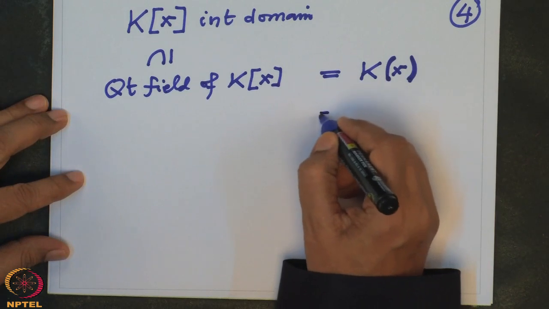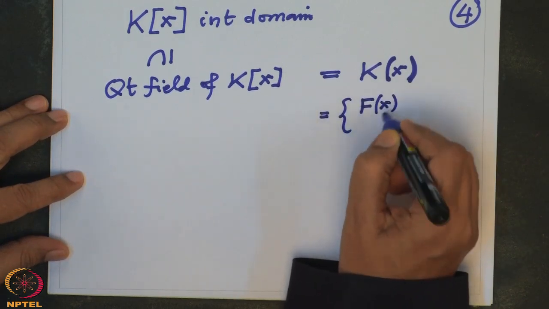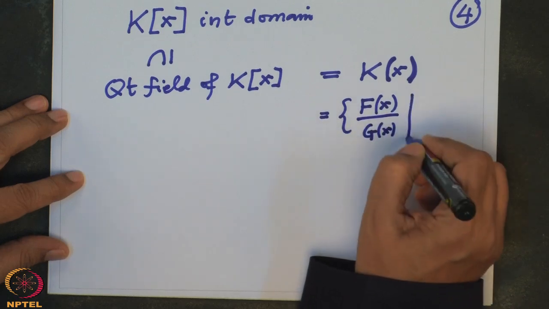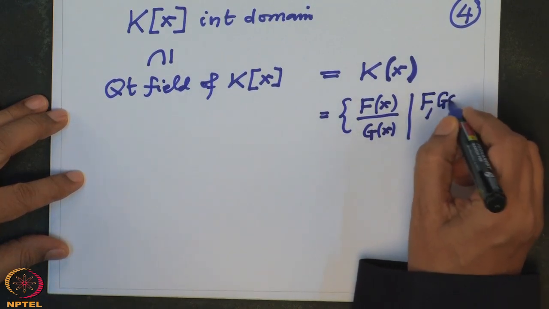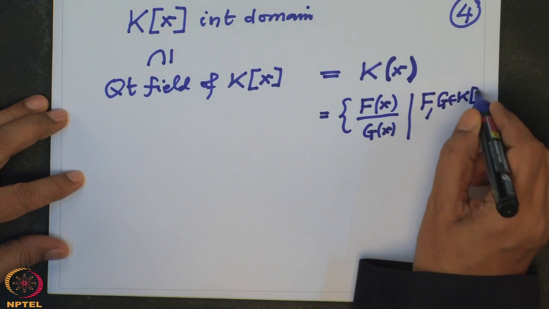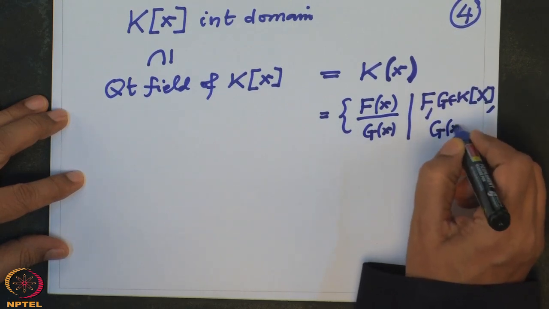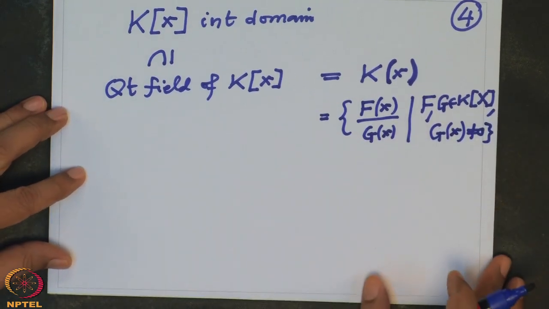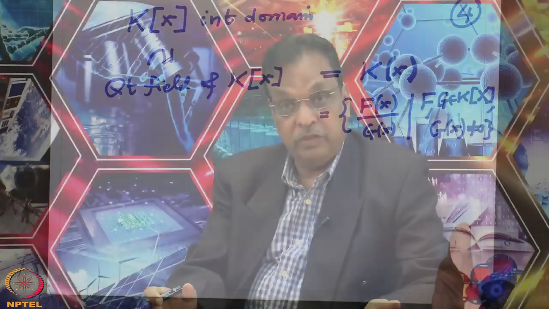So, they are fractions f(x) divided by g(x), but then this should make sense. So, f and g are two polynomials in K, and g cannot vanish at x. In particular, g is not 0. So, take those fractions, and that will form obviously a subfield.